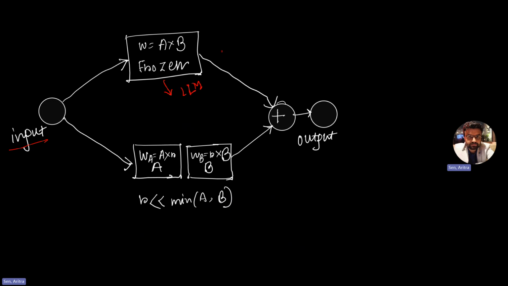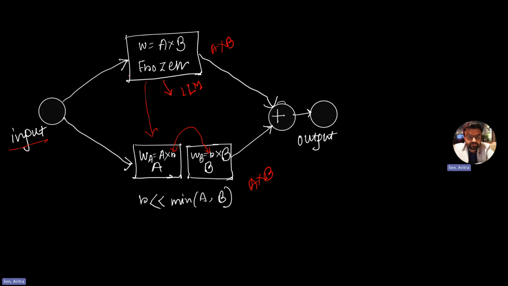And these are the low rank representations of this pre-trained weight matrix in terms of A and B, which have dimensions of A cross R and R cross B. If I do a dot product, the inner dimensions match, R and R, so we will get the final output, which will be A cross B. Here also the final dimension is A cross B. As the dimensions are matching, we can add them back.